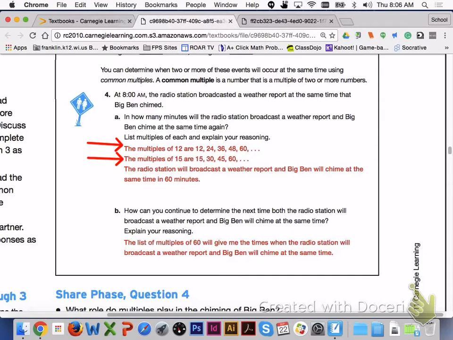The multiples of 15 for Big Ben chiming are 15, 30, 45, and 60. So the radio station will broadcast a weather report and Big Ben will chime at the same time in 60 minutes. If we look at letter B, the list of multiples of 60 will give you the times when the radio station will broadcast a weather report and Big Ben will chime at the same time.